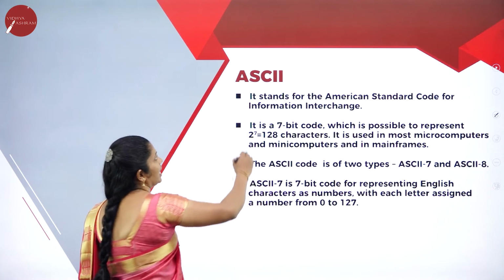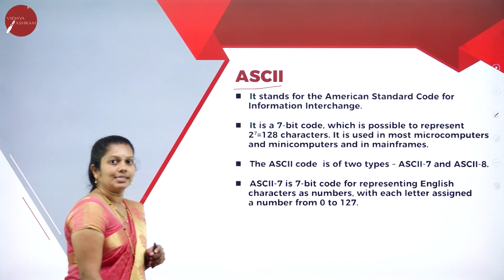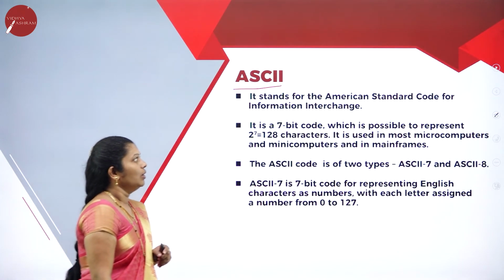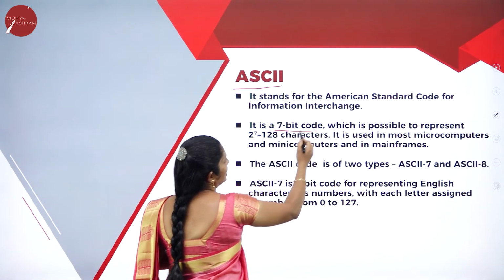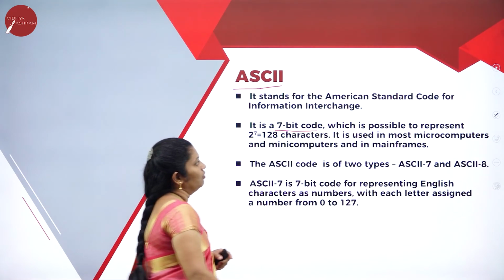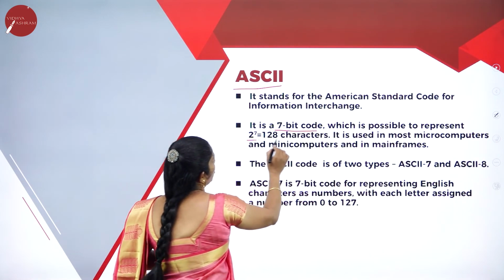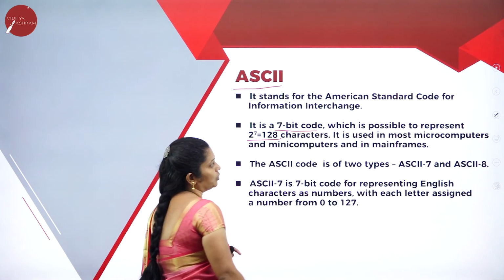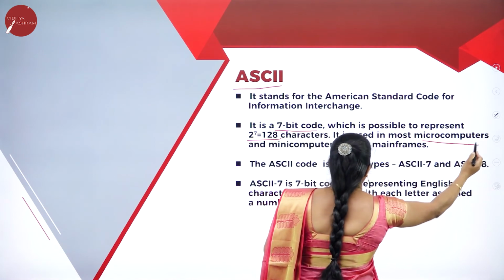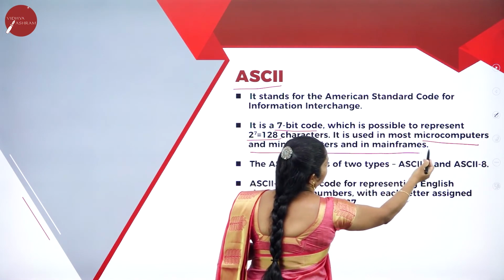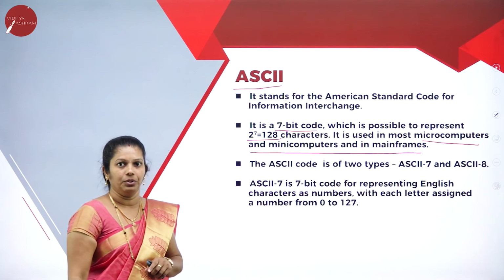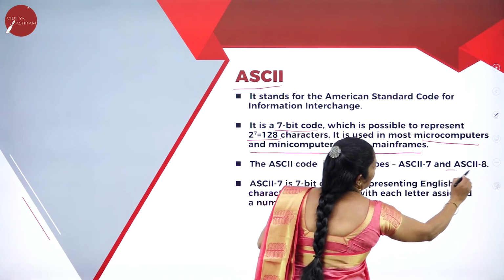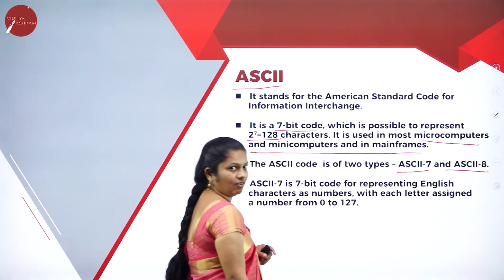The next one is ASCII. ASCII stands for American Standard Code for Information Interchange. It mainly used a 7-bit code in the beginning, which is possible to represent only 128 different characters. It is used in microcomputers and minicomputers as well as in mainframe computers. Later on, this was divided into ASCII 7 and ASCII 8.